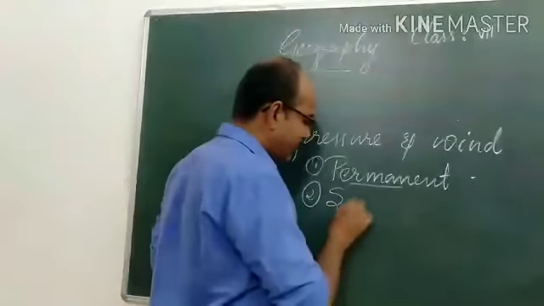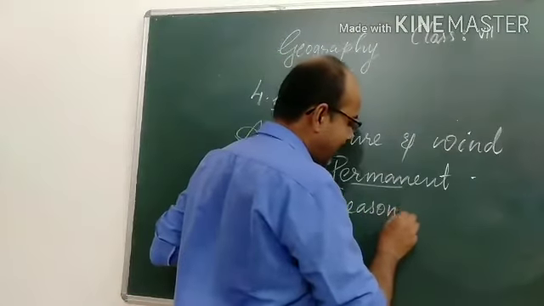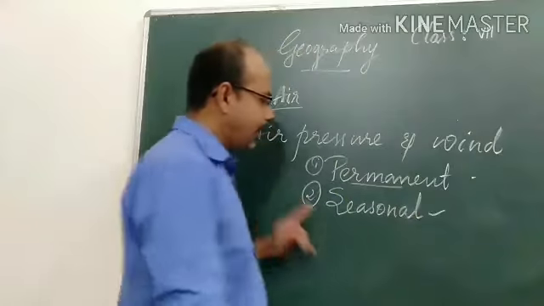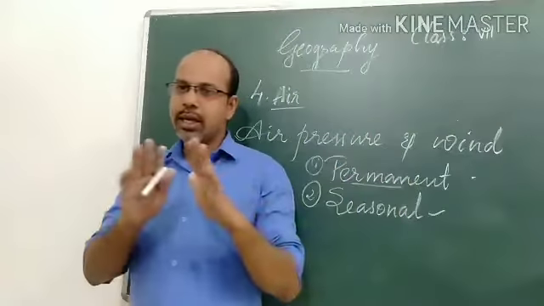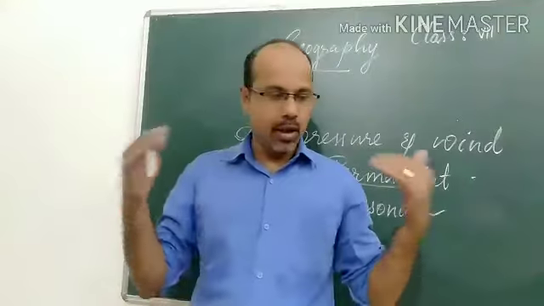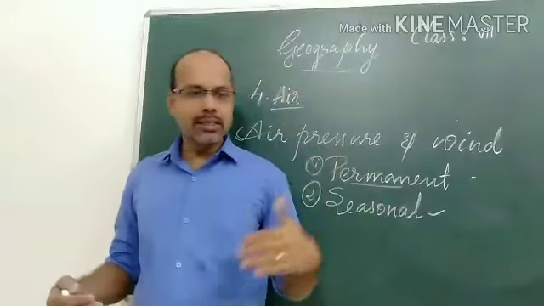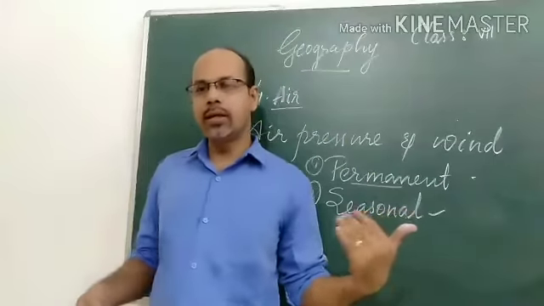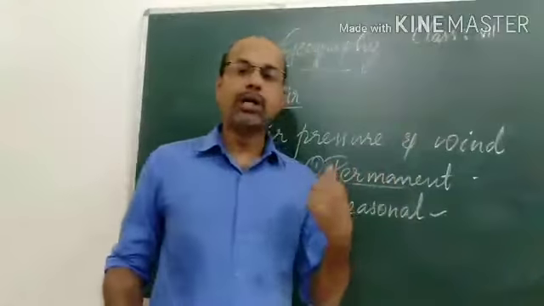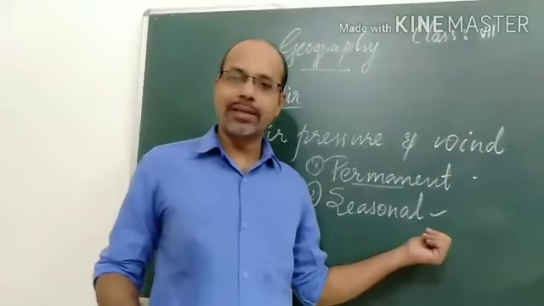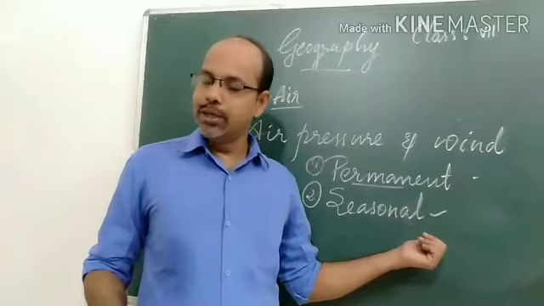Now seasonal winds. By the name itself we can understand that it blows in a particular season only. These winds change their direction in different seasons. According to the season, these winds change direction. For India, in our country, we have monsoons. Monsoon is an example of seasonal winds in our country.